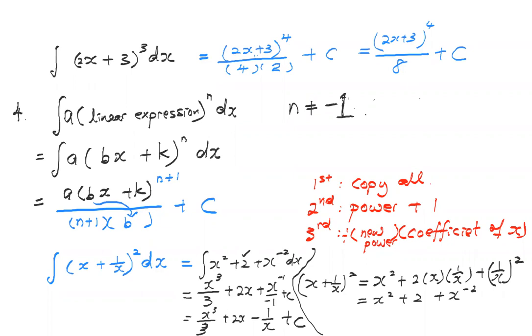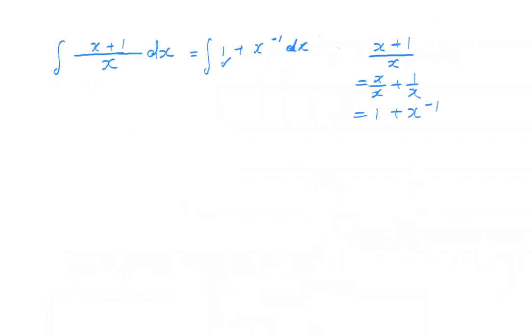So I don't want to tell you right from the very beginning, so that now you remember. To apply the third and the fourth rule, n cannot be negative 1. So now, if n is negative 1, then how am I going to solve this part? That's why we have the sixth rule.